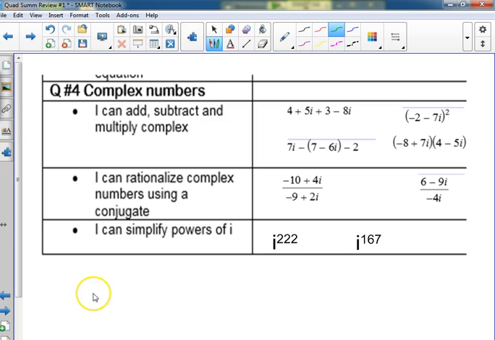Add, subtract, multiply, divide complex numbers and powers of i. This is all on worksheet 3. And you practice it on page P8, right? Was the bookwork?